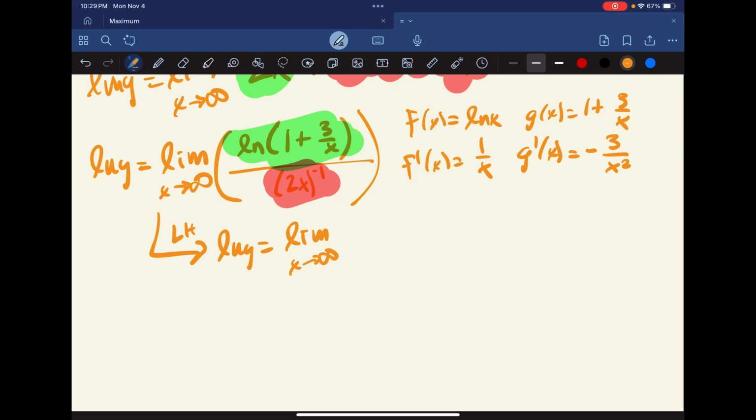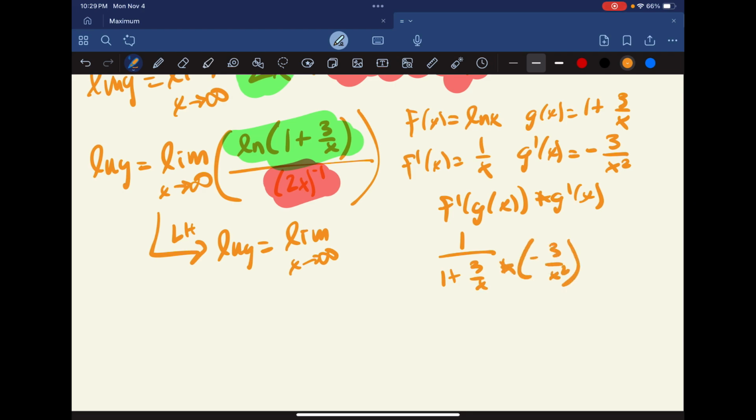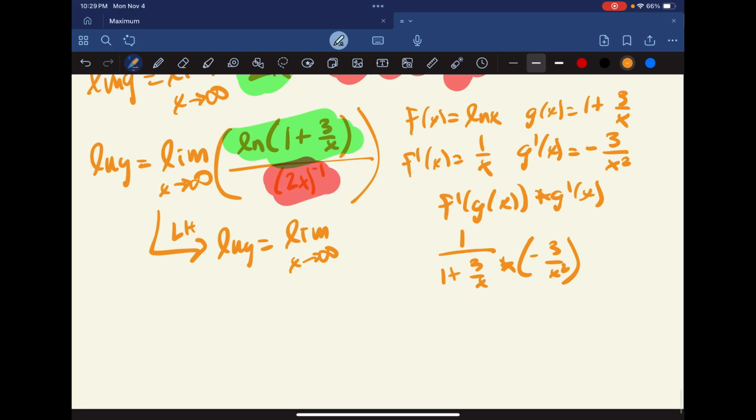So then we plug this into the chain rule formula, f prime of g of x times g prime of x. That means we've got 1 divided by 1 plus 3 divided by x, all times that negative 3 divided by x squared. So that is the result of our chain rule. This will be our numerator. So here, let's move this over here then.